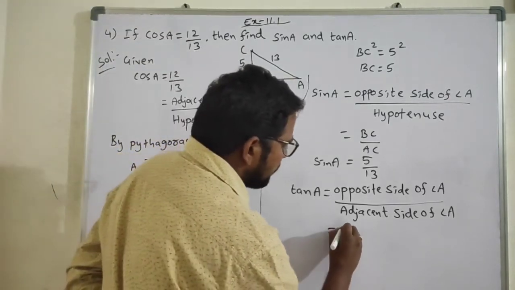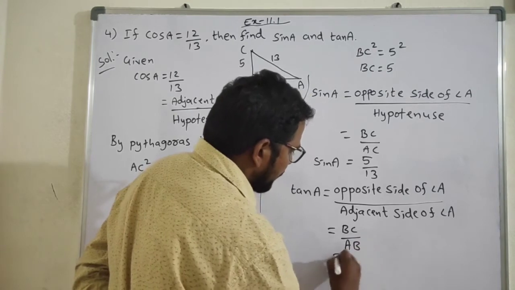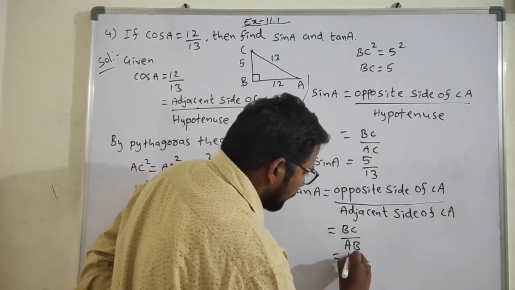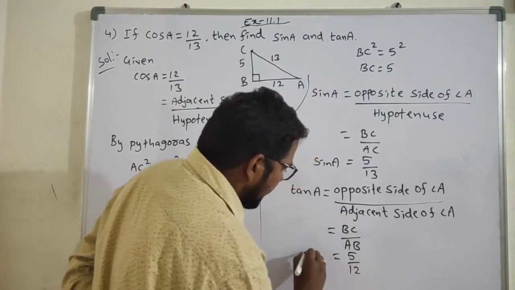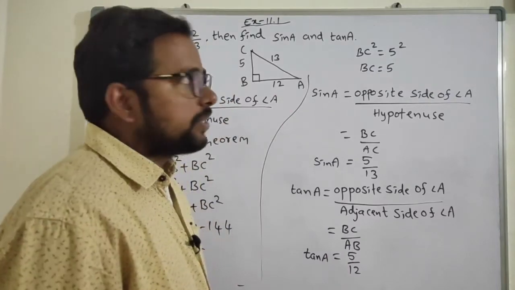So BC by AB, where BC is 5 and AB is 12. So tan A is equal to 5 by 12.